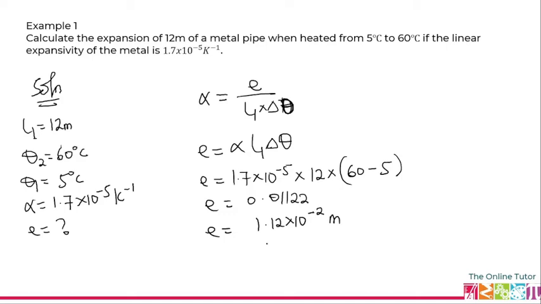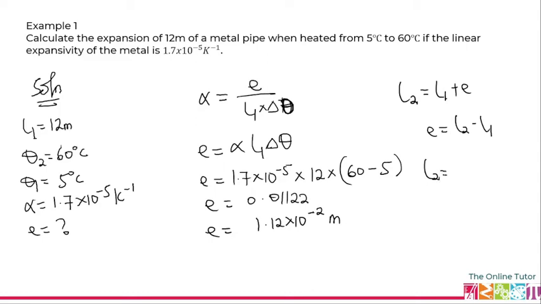This basically tells us that if we want to find the new length of the metal, L2 is going to be L1 plus the extension, as we know that extension is equal to L2 minus L1. So if we send L1 here, L2 is going to be L1 plus extension.